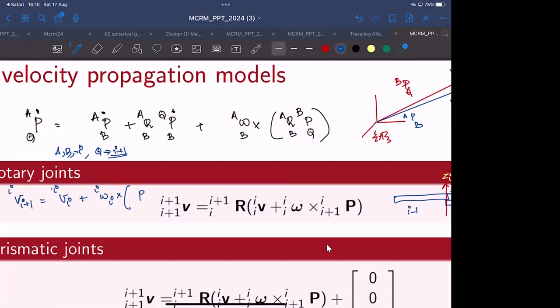And Q would be I plus 1, and B and A are the same, that is I.